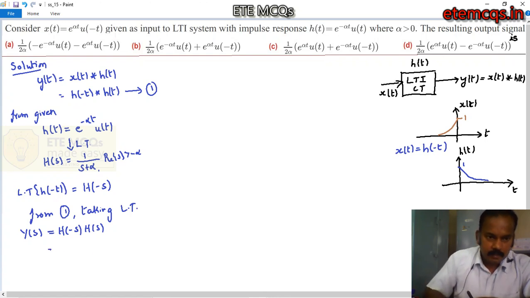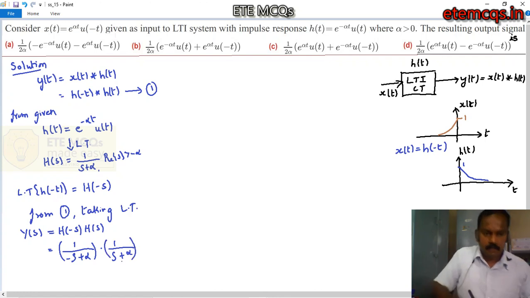What is H of minus s? H of minus s is obtained by replacing s by minus s in this expression. So I will have 1 by minus s plus alpha into 1 by s plus alpha.